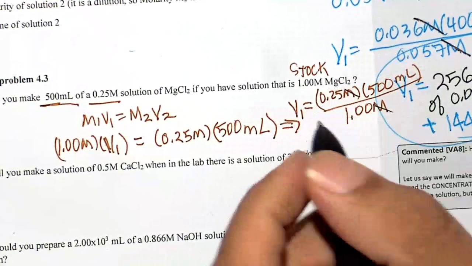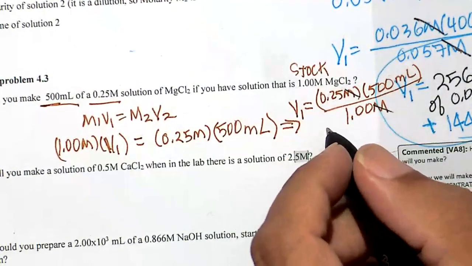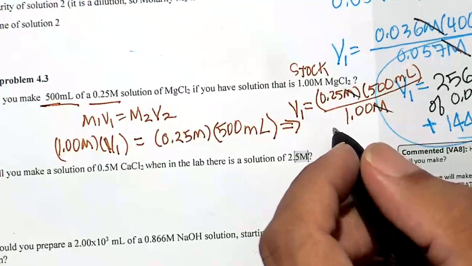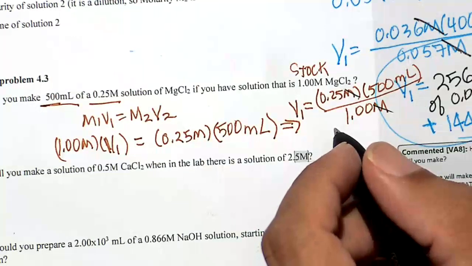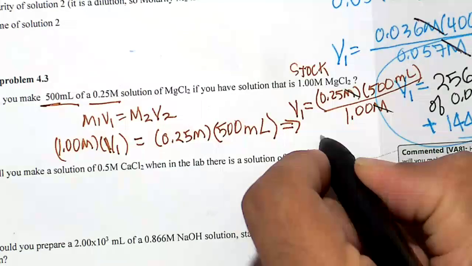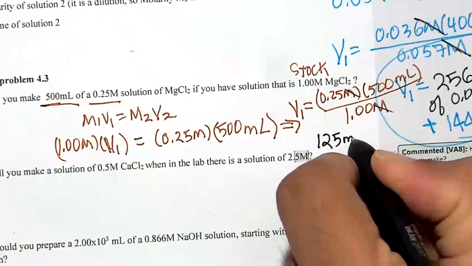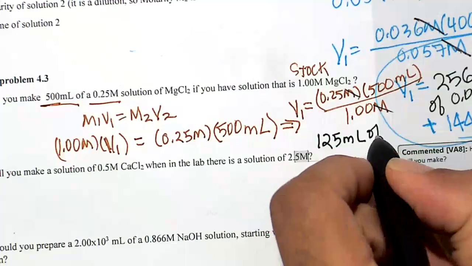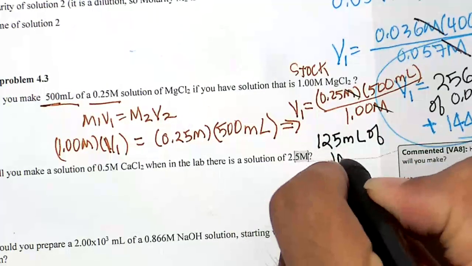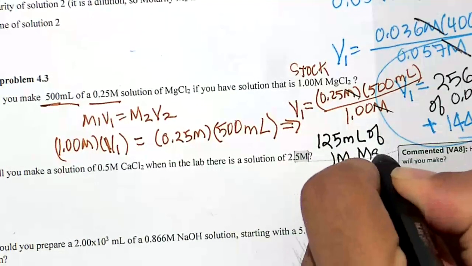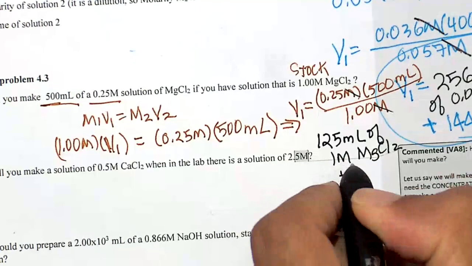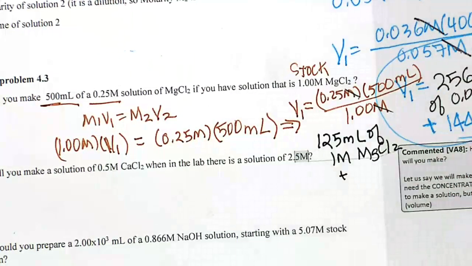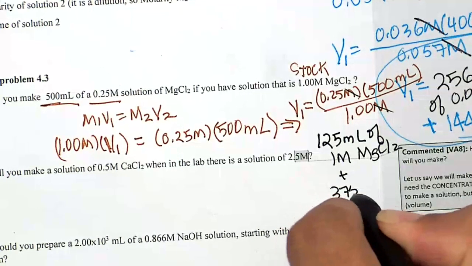Okay, the big M and big M cancel. 0.25 times 500, what is that? 125. Okay, so this is not the answer you'll give on the test. You'll say 125 milliliters of 1 molar magnesium chloride plus how many mLs of water? 375 mLs of water.